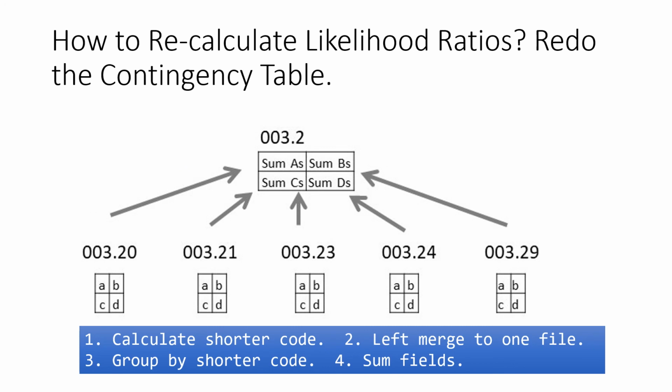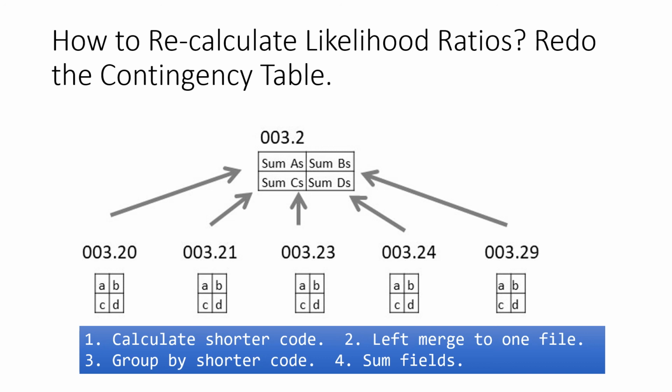How do we recalculate likelihood ratios? We redo the contingency tables. So here we have the 5 contingency tables for the disease subtypes, and we want to get to the disease Salmonella, which is 003.2. The steps are we calculate the shorter codes. We then left merge every one of the shorter codes that we have calculated into a single file.